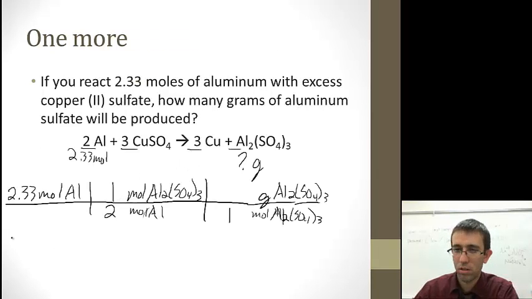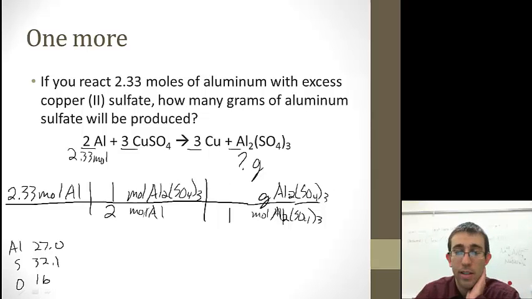So aluminum, we said, was 27.0. Sulfur was 32.1. Oxygen is 16. Now, be careful on how many you have. Alright? Al2. So, the 2 goes with the Al. Just 2 of them. So, we're going to multiply that one times 2.